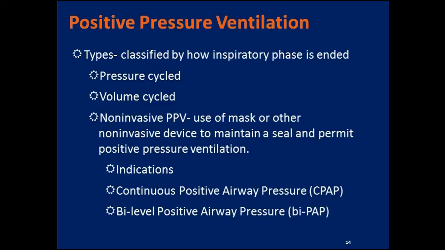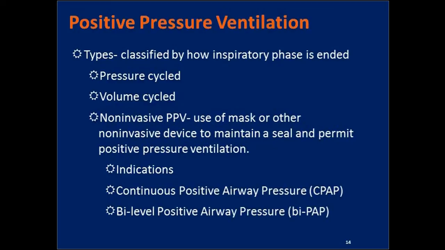So typically you're going to see, on the continuum of oxygenation, from very, very least amount, of course the least amount of oxygen is room air, and then nasal cannula, then venturi mask, then non-rebreather or face mask, face tent.